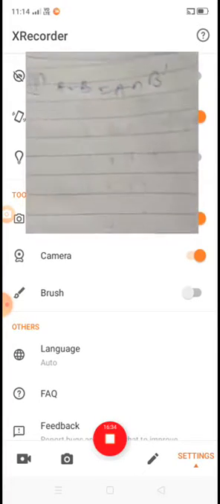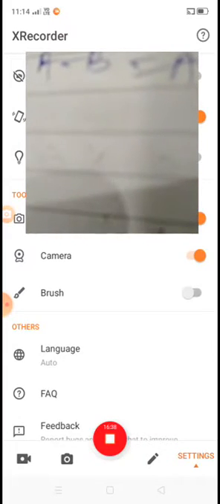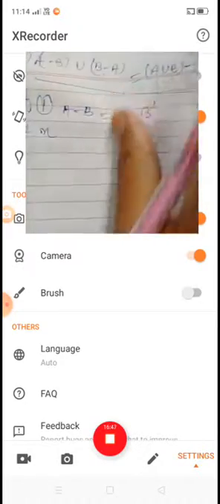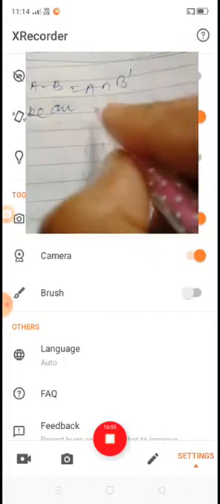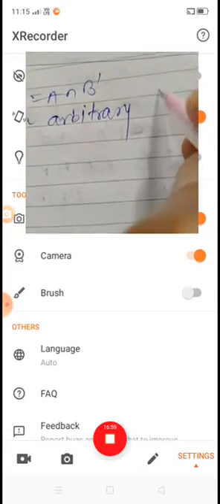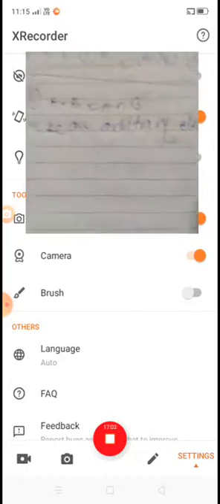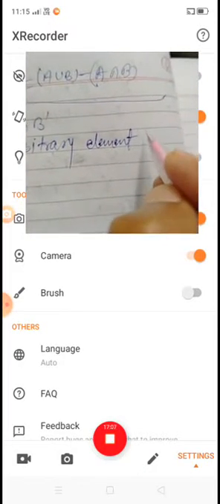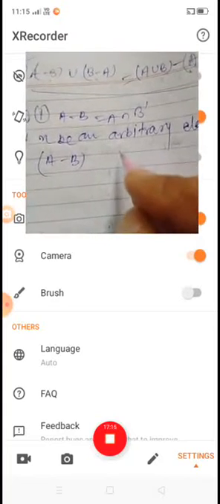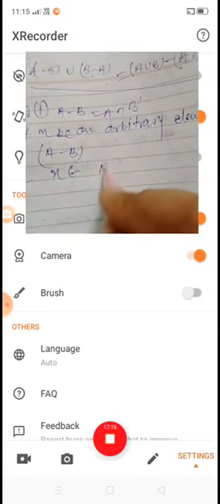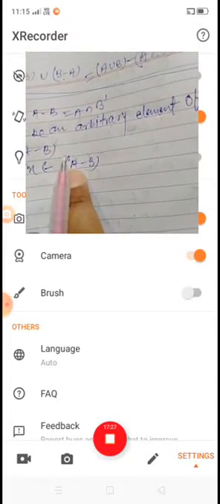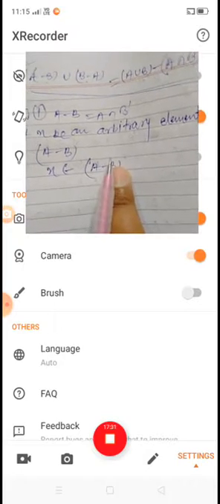Now we have to prove it. First of all, let x be an arbitrary element of A minus B, that is, we take x belongs to A minus B. A minus B is the set of all elements of A which do not belong in B. This topic was discussed in the previous class.